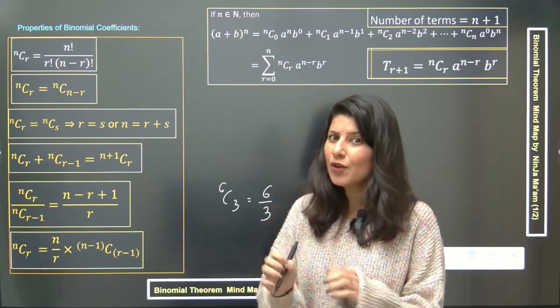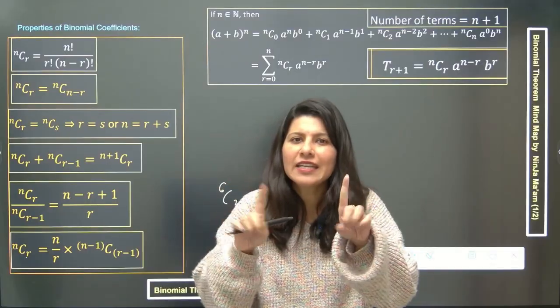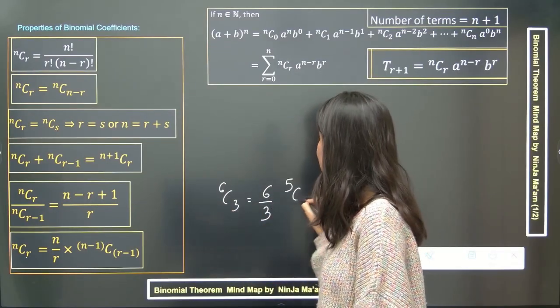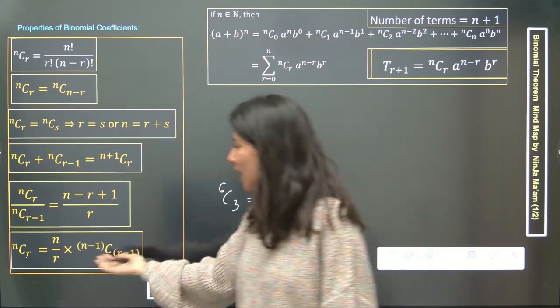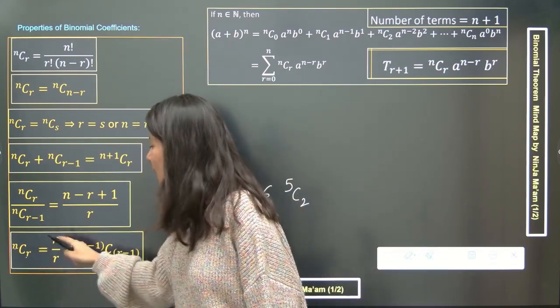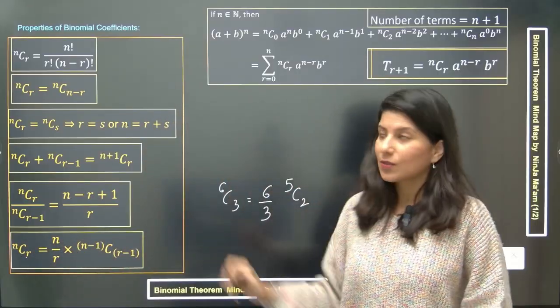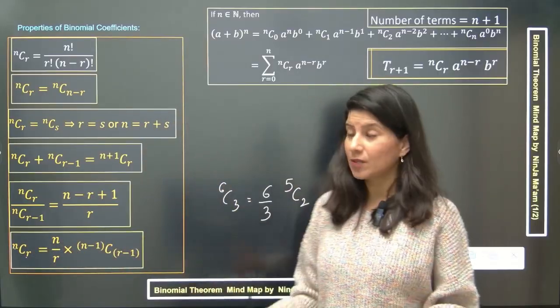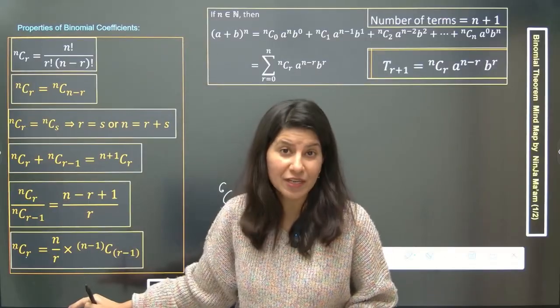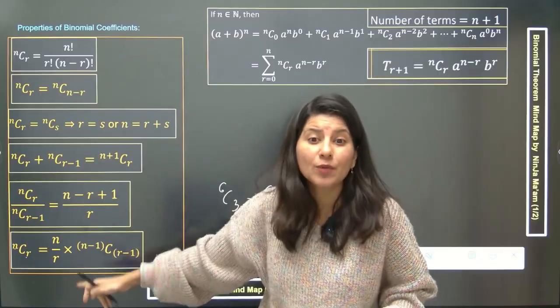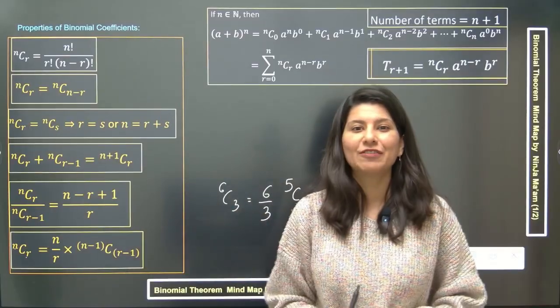And now you just have to reduce 1 from both the upper and lower index. 6C3 will become what? 5C2. That's it. So nCr equals n by r multiplied by (n minus 1)C(r minus 1). These are the properties, and trust me, each and every property is important. All the properties are NTA's favorite.